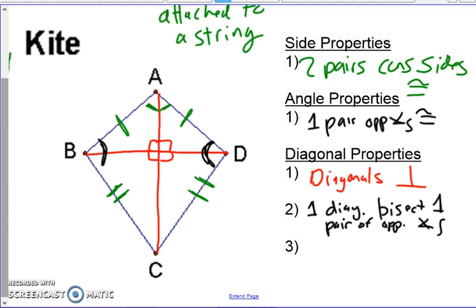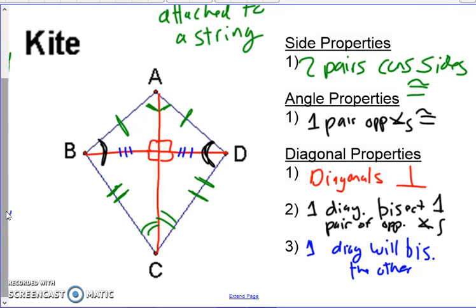So A will be bisected and C will be bisected. Finally, one diagonal will bisect the other. In this drawing here, it's going to be AC that bisects BD, meaning those two segments are congruent.